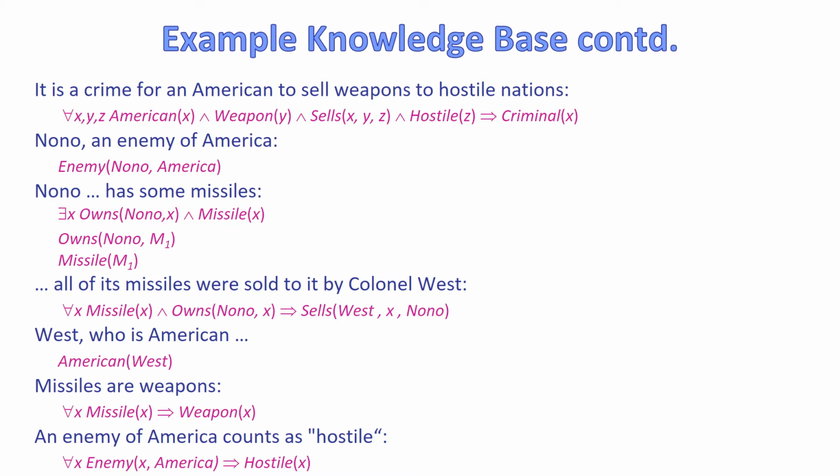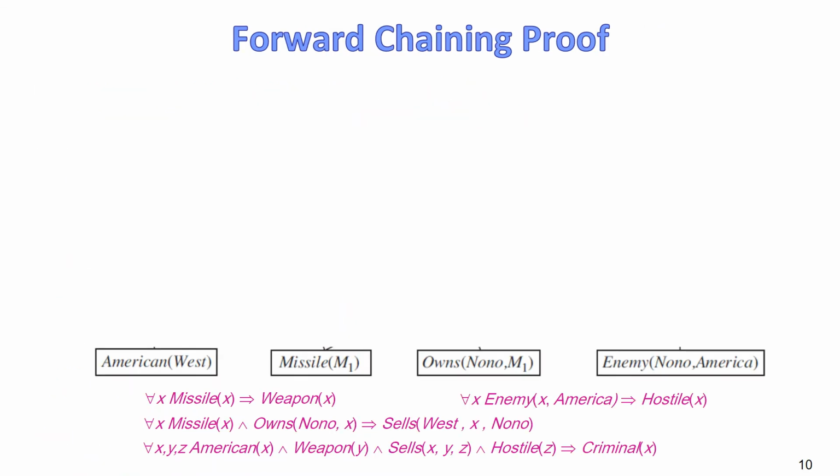We call them ground facts. So we start with these 4 facts, and in forward chaining we try to come up with new rules by applying the generalized modus ponens here. In propositional logic, we were applying the resolution rule.